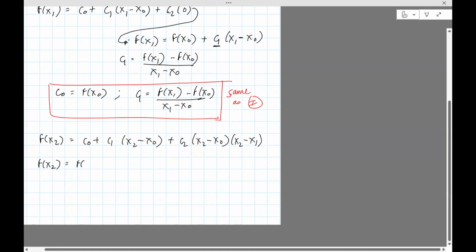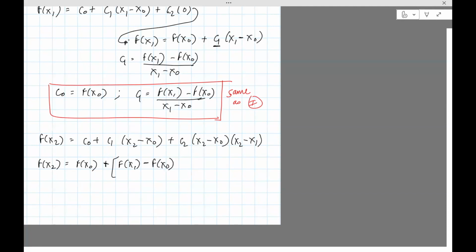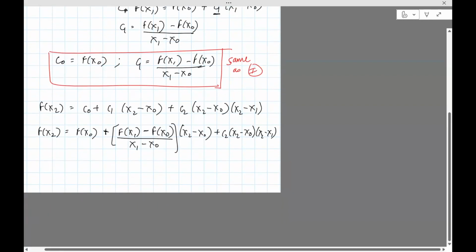So C0 is f of x0, C1 is f of x1 minus f of x0 divided by x1 minus x0, times x2 minus x0, plus C2, x2 minus x0, x2 minus x1.